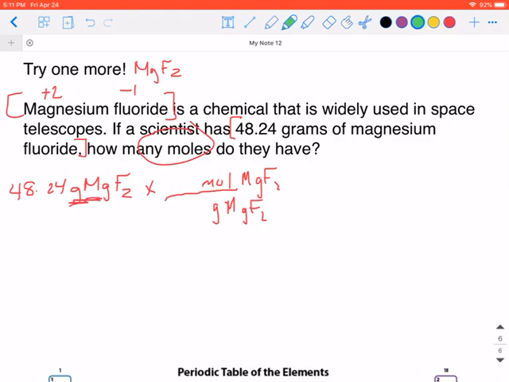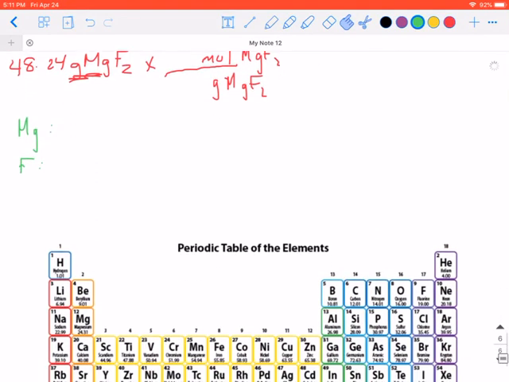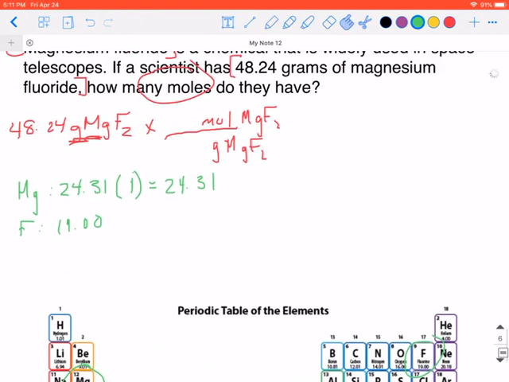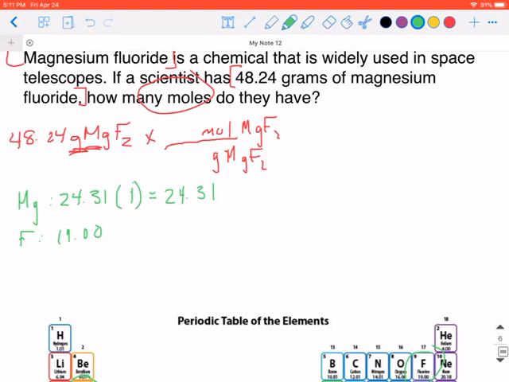So I have magnesium, and I have fluorine. Magnesium's molar mass is 24.31. I only have one of them in this formula, so it's still going to be 24.31 in the end. And then fluorine has a molar mass of 19.00, but in my formula, I have two of them, so I've got to do times 2.